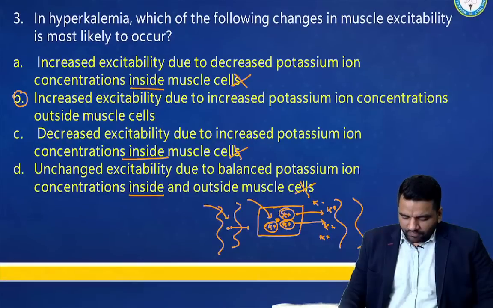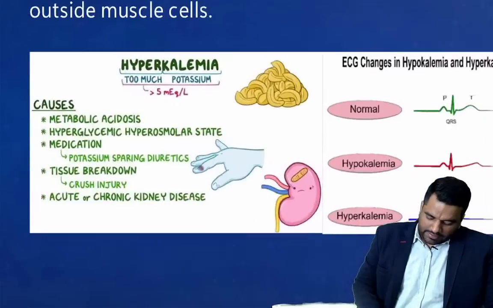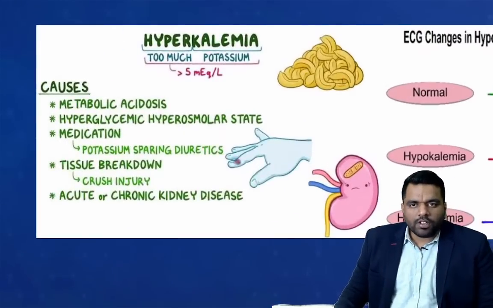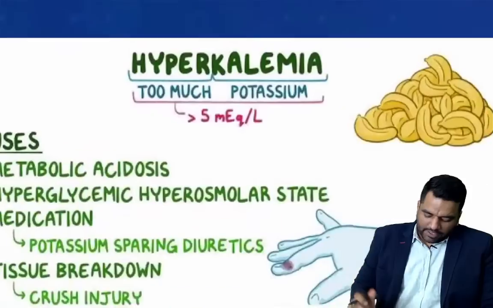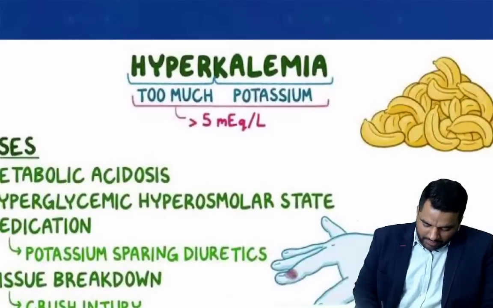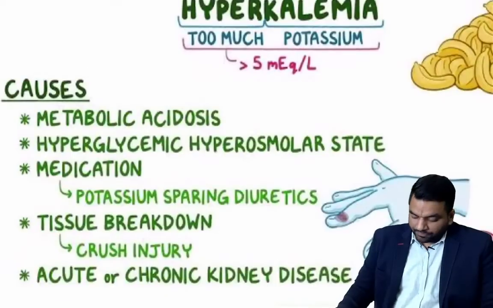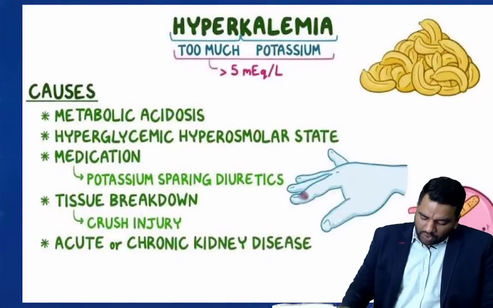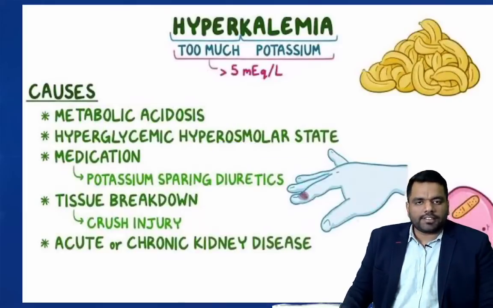Yes. So look over here. There are some causes which lead to hyperkalemia. This means too much potassium, and how much potassium? This must be more than 5 milliequivalents per liter. Right, brother? So some causes are metabolic acidosis, then hyperglycemic hyperosmolar state, in which we give insulin infusion to the patient.